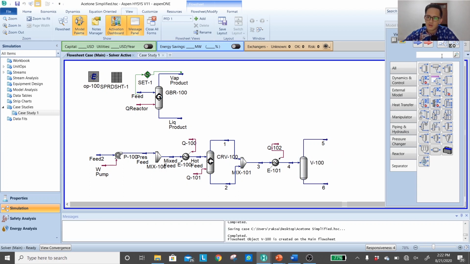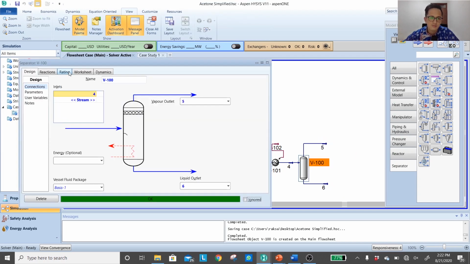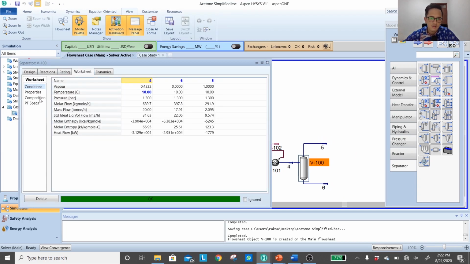The difference with the three-phase separator, and you can probably even tell by the flowsheet, is that it has three outlets: the vapor, the light liquid, and the heavy liquid, like oil and water as two different liquid compounds. For this purpose I guess that it's not required. We only have one liquid and one vapor, so we can confirm the mass balance in the separator worksheet.